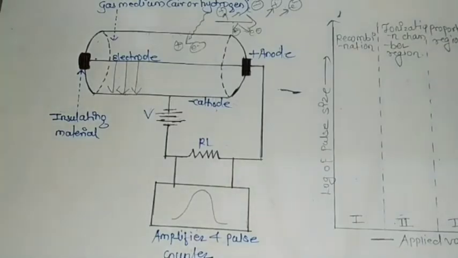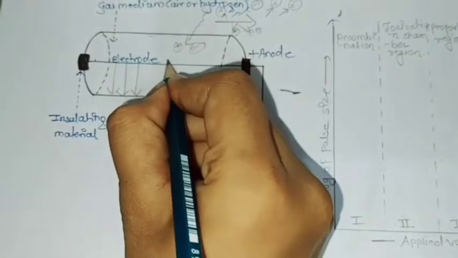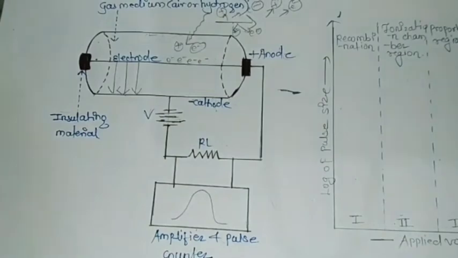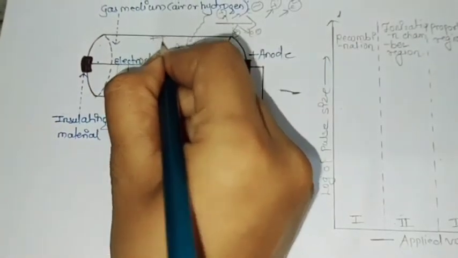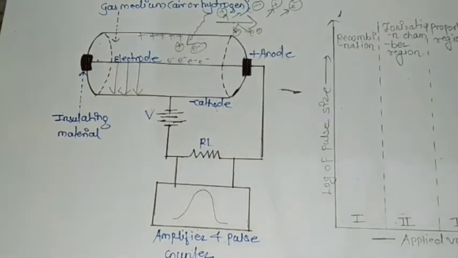After some time, all of these free charges get accumulated along the metallic electrode and the metallic surface. The electrons accumulated on the metallic electrode travel through the circuit.